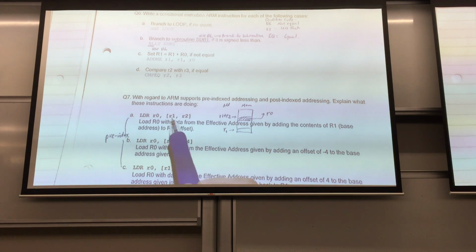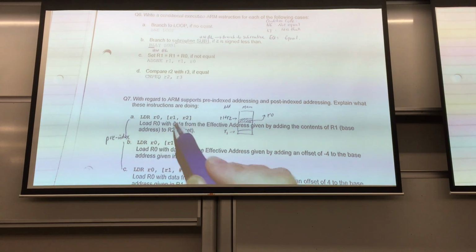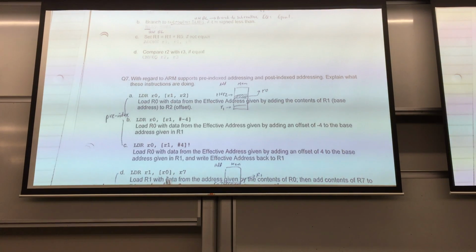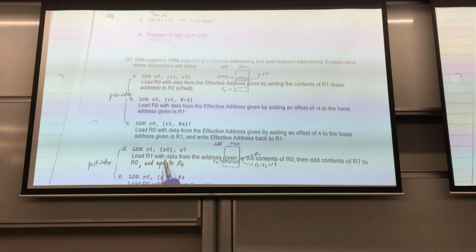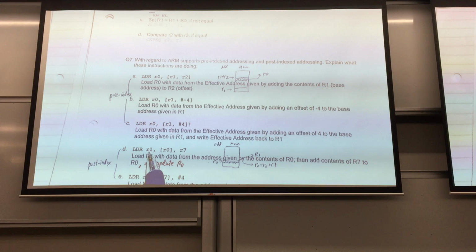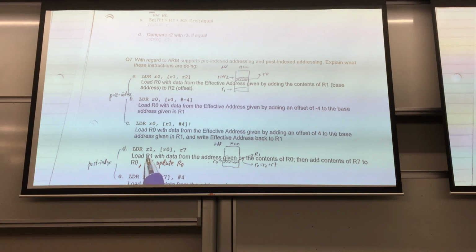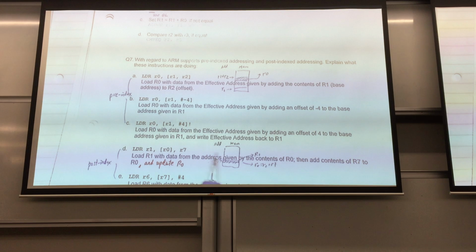If you put a bracket on a register, that means the content, and you know the address. So R1 actually stores the address, and the content has to be loaded into another register. So the address of a register and the content of a register are different.